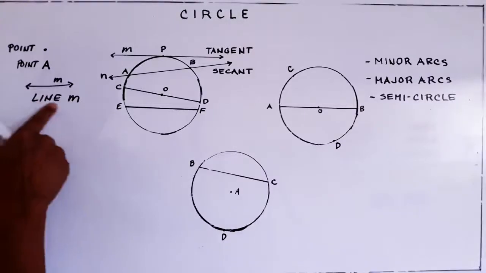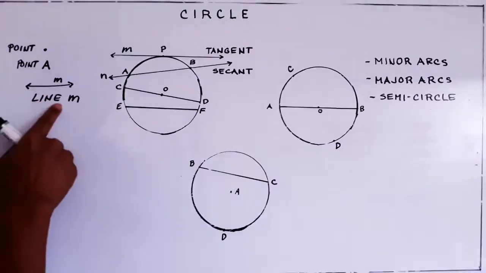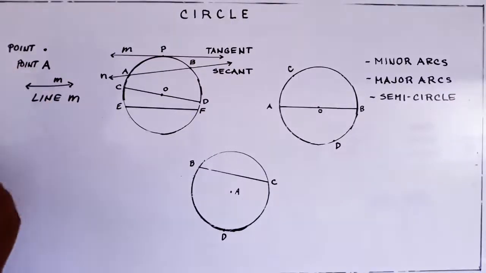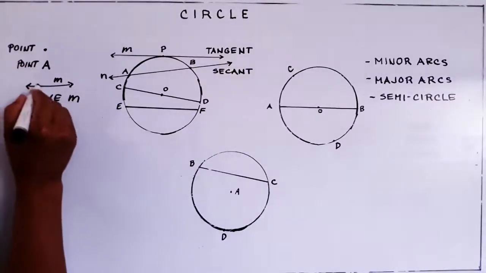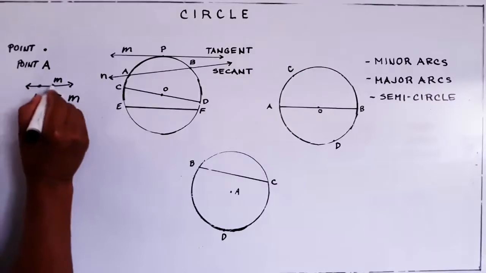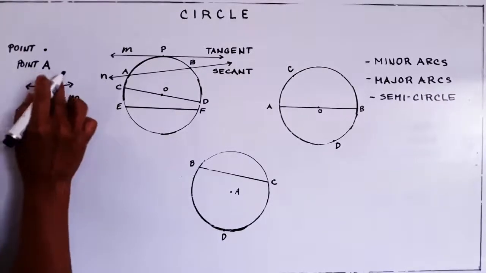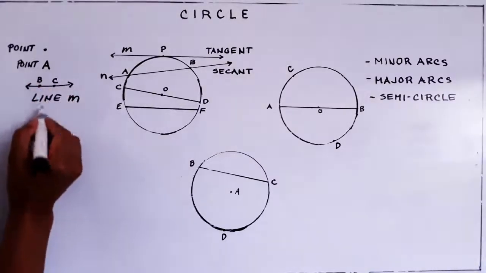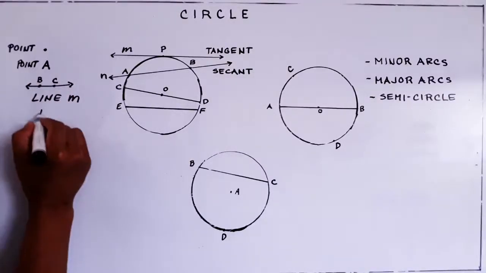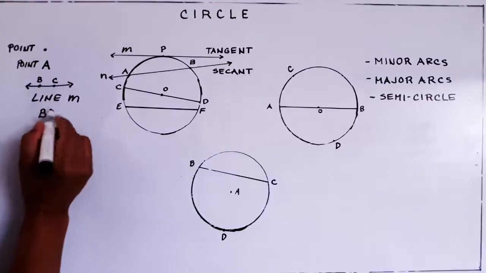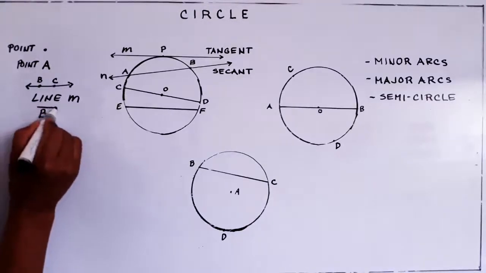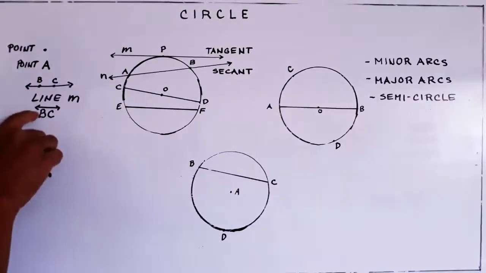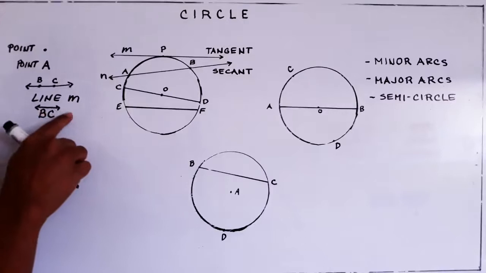Because if you're not going to put the word line here, M can be mistaken as point M. Now if we have two points, B and C, we can call this line by the symbol BC with two double arrows written above, and this one is line BC.